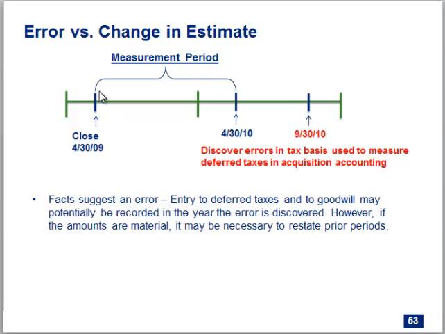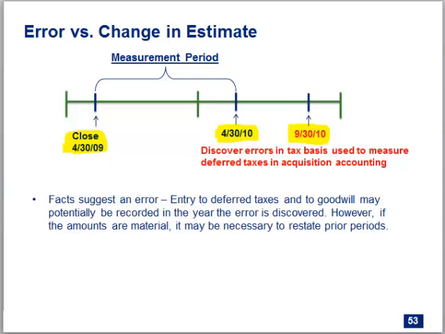So, and this is a commonly misunderstood item, and I'm not sure everyone would even agree with me the way I would say this, but it's the technically correct view. So let's say that you did an acquisition and the acquisition date closed on 4/30/09. This is when you bought the company. That means your measurement period closes a year later. So what if you say over 12 months later, oh, you know what, I totally blew it.